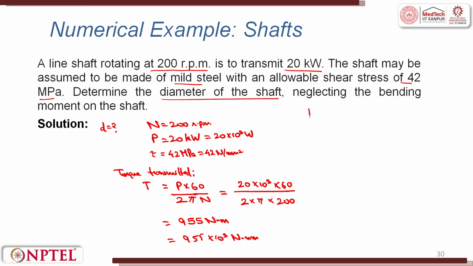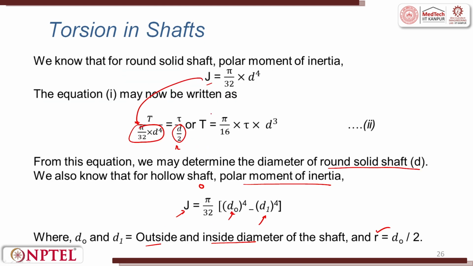To calculate the diameter, let me put here the value of the torque transmitted, that is T, which is equal to pi by 16 into tau into d cube, which is the relation given here for the solid shaft.